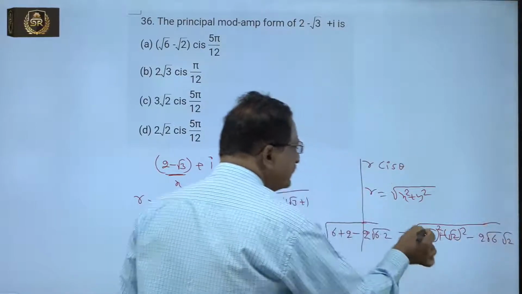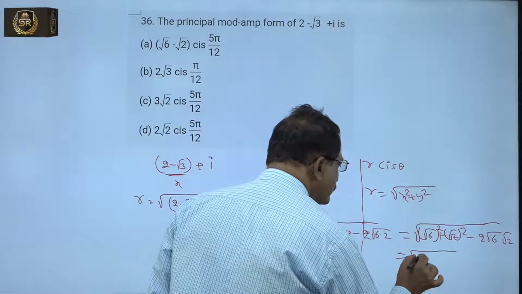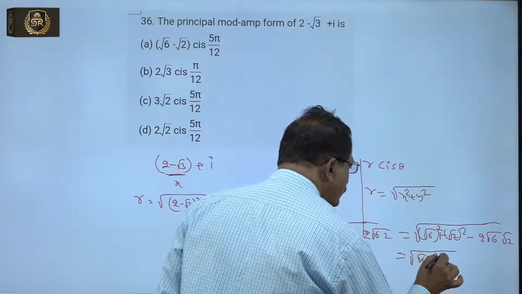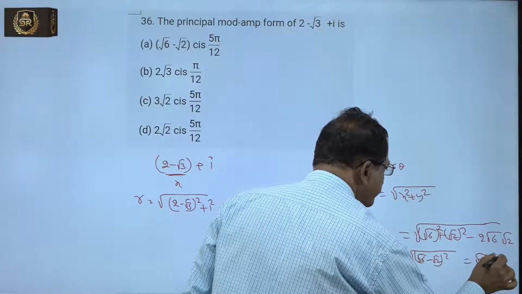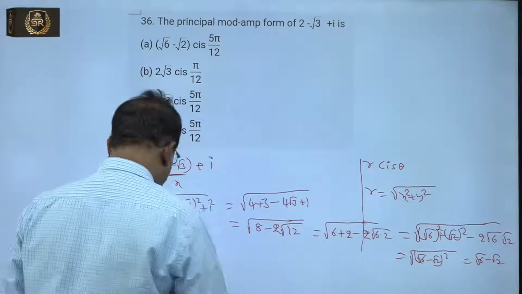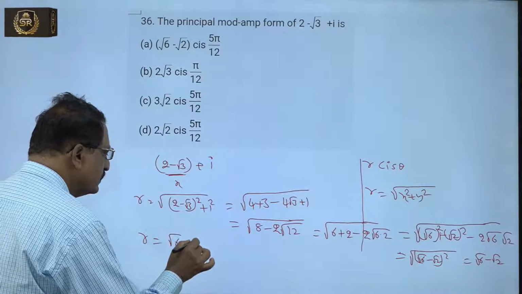That equals square root of root 6 whole square plus root 2 whole square minus 2 into root 6 into root 2. It is in the form of a square plus b square minus 2ab, so square root of root 6 minus root 2 whole square equals root 6 minus root 2. Therefore, modulus R equals root 6 minus root 2.